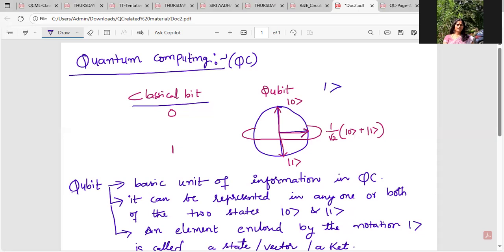There is one slash and there is one greater than symbol, which is called ket. Usually all our numbers are enclosed in this notation, and that notation would be called ket. There's nothing new about it. Let me put it like this. All of us are aware of this word bracket.